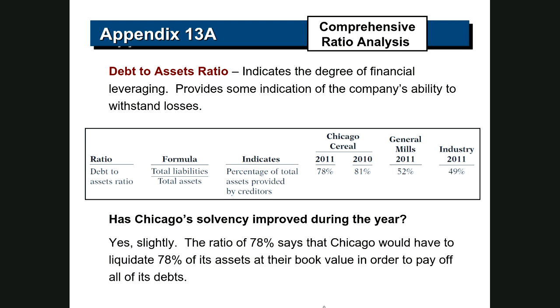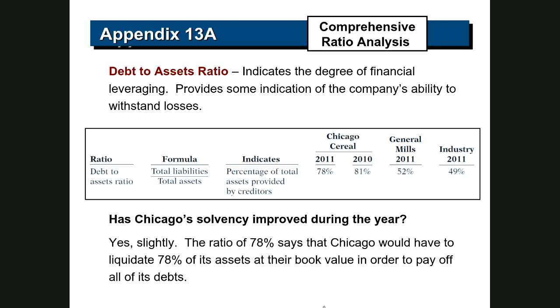What does it tell us? Which is higher? Is the liabilities more or the assets more? The assets are more. That means the liabilities are 78% of the assets, right? The liabilities are 78% of the assets.